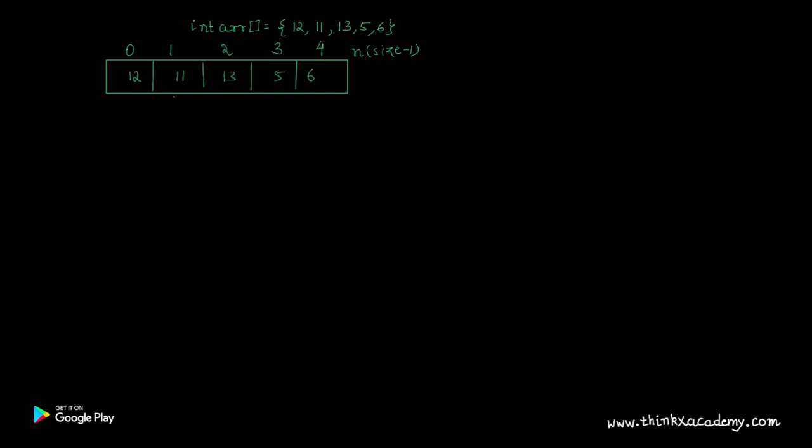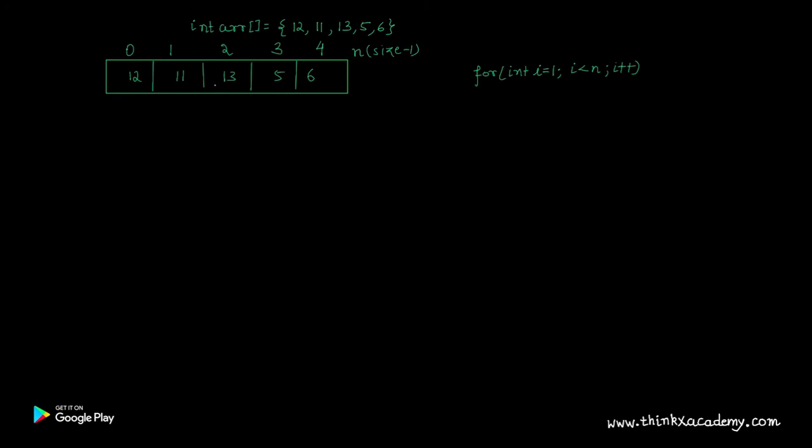So we are going to run the for loop from int i equals 1, and it will run until the value of i is less than n, and we will increment the value of i by 1 because after every pass we are just going to take the next card.